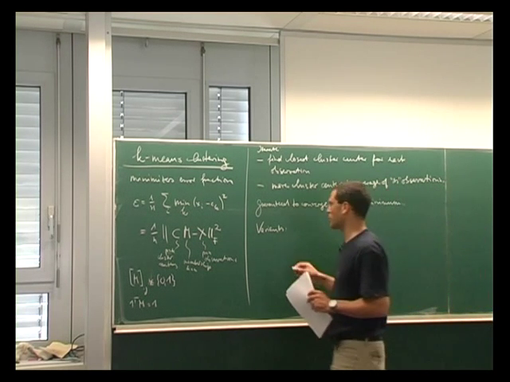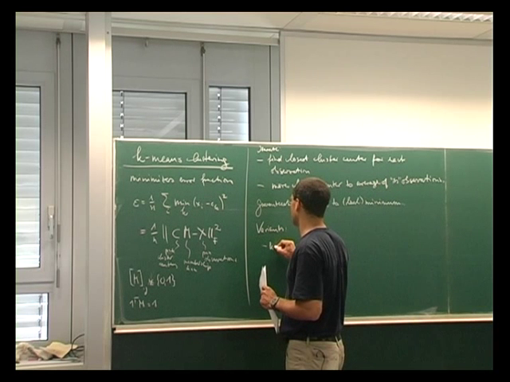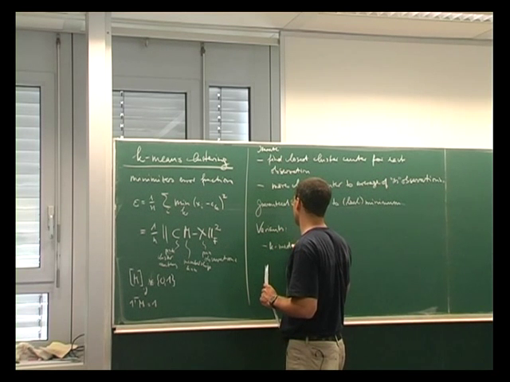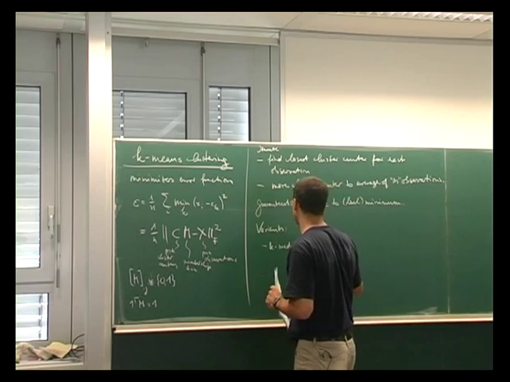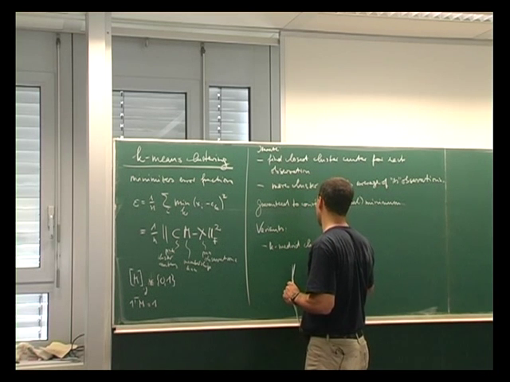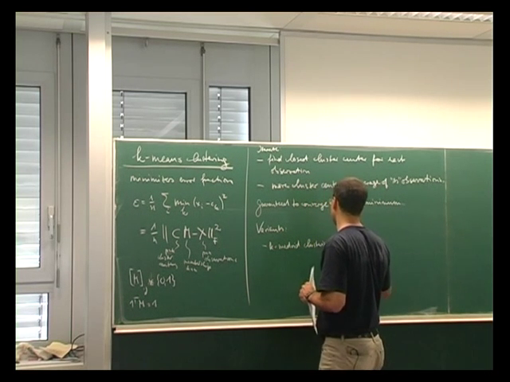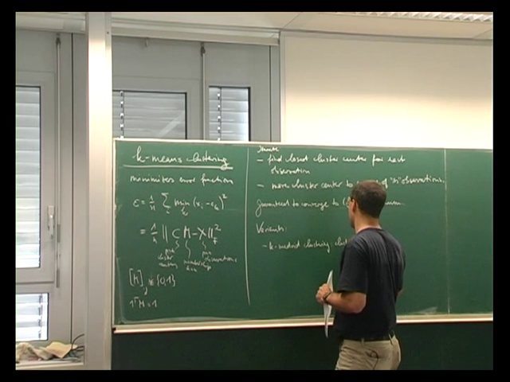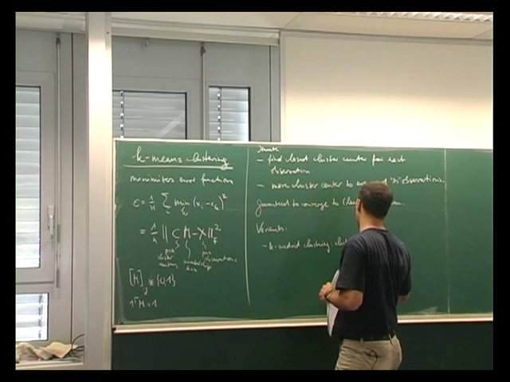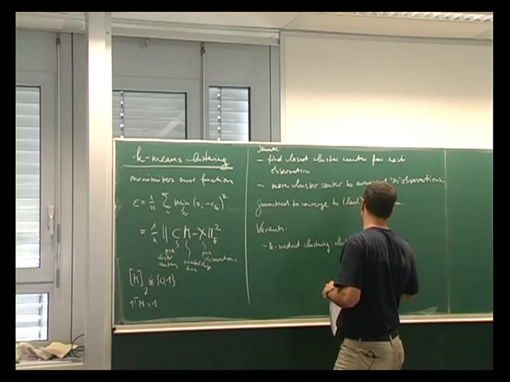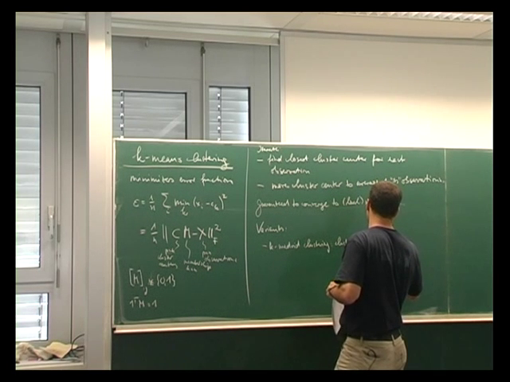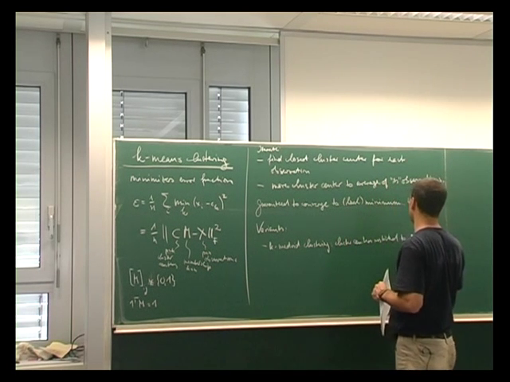Sometimes that is a problem, and there's a method called K-medoid clustering, where the cluster centers are restricted to one of the observations.